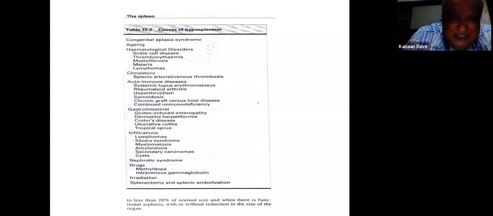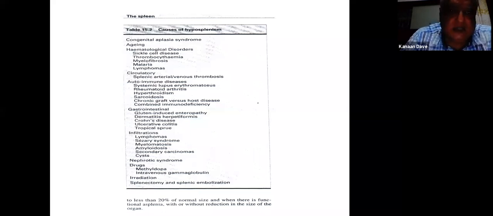And various other conditions. Another important condition for hyposplenism are the autoimmune diseases, again affecting splenic function and its architecture. And certain gastrointestinal diseases like gluten-induced enteropathy, ulcerative colitis, and Crohn's disease.